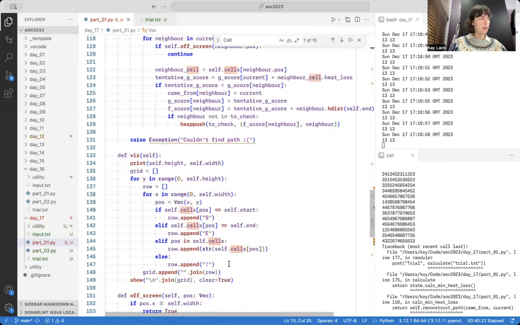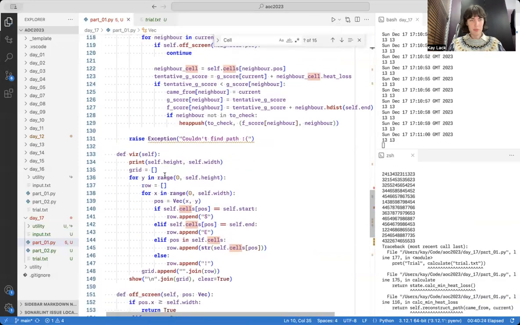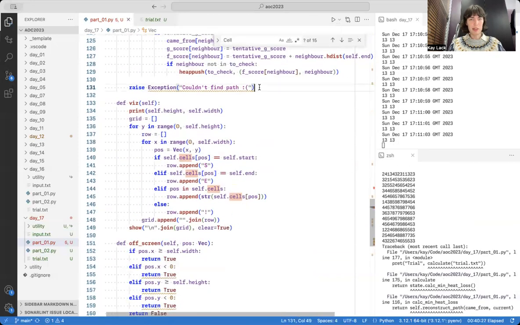Good. Okay, now to reconstruct the path. It's taking a while though. It's kind of troubling, isn't it?